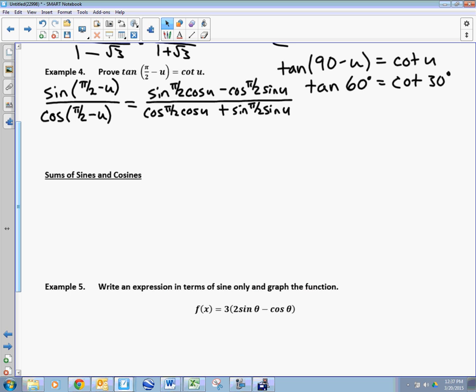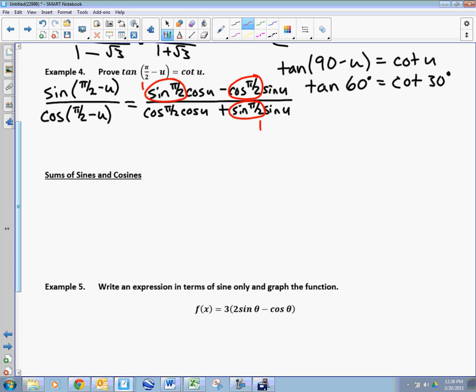What is the sine of pi over 2? Sine of 90 is 1. So this piece right here becomes 1. This piece right here becomes 1. What's the cosine of pi over 2? 0.